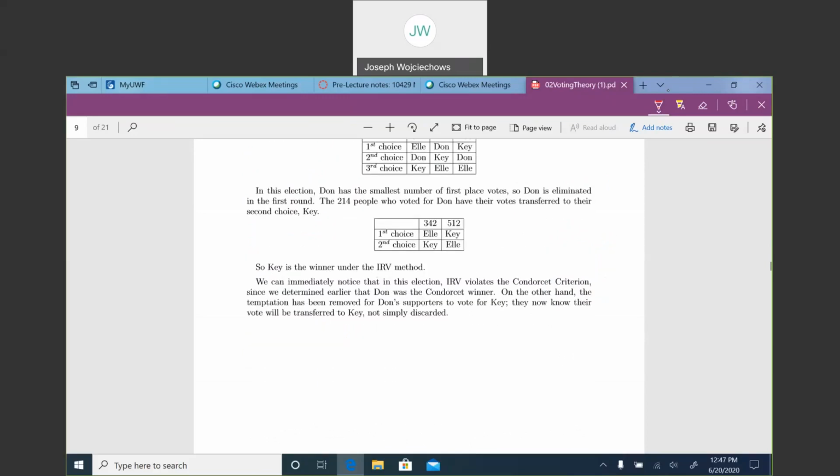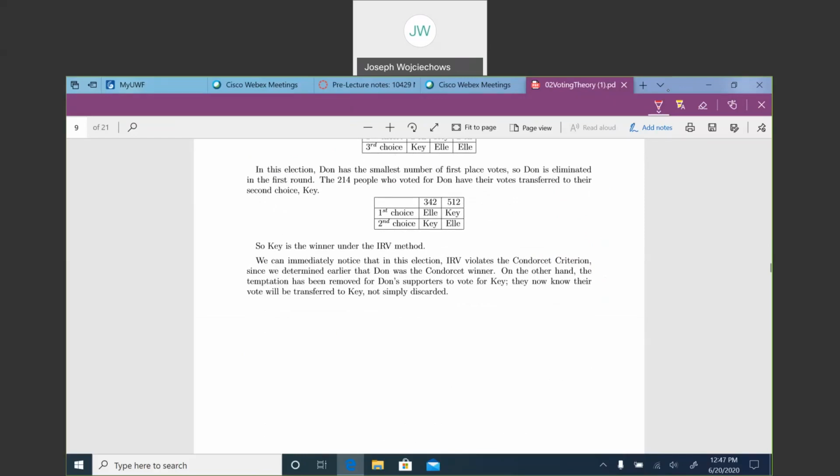So Key is the winner under the IRV method. We can immediately notice that in this election, IRV violates the Condorcet criterion, since we determined earlier that Don was the Condorcet winner. On the other hand, the temptation has been removed for Don supporters to vote for Key. They now know their vote will be transferred to Key, not simply discarded.